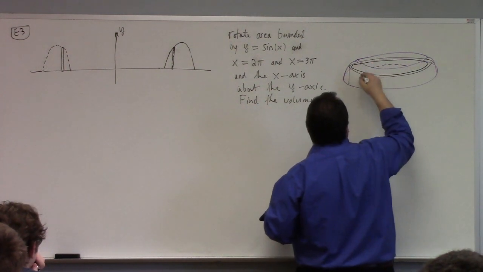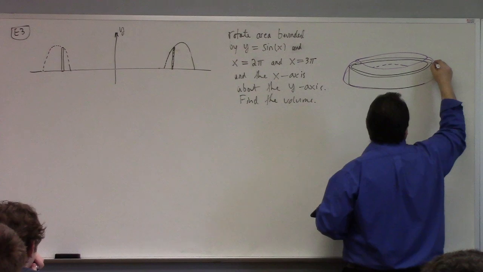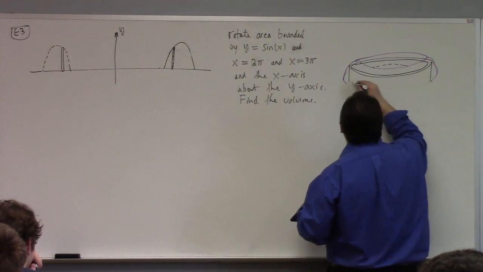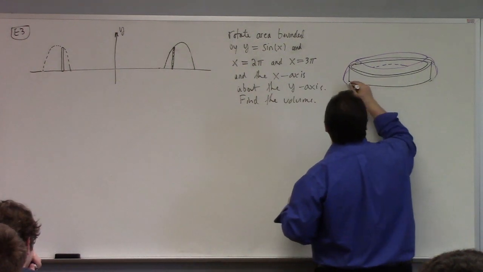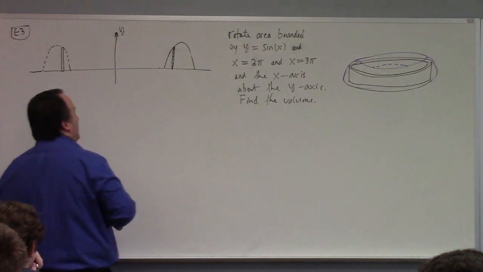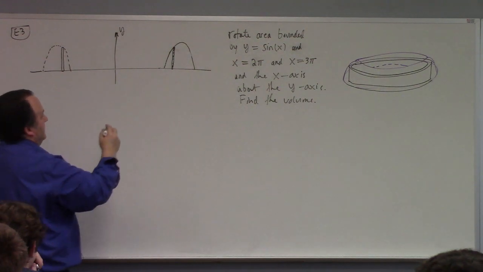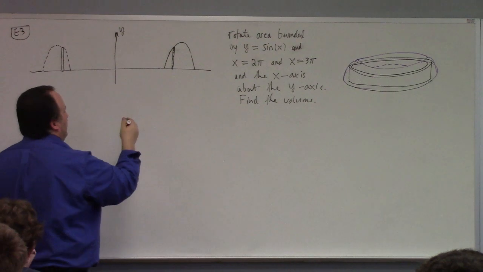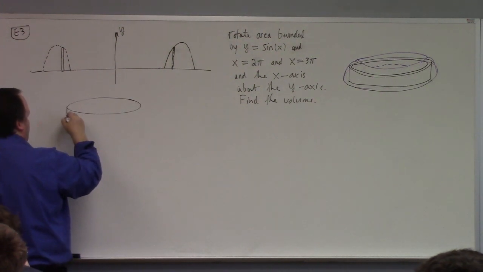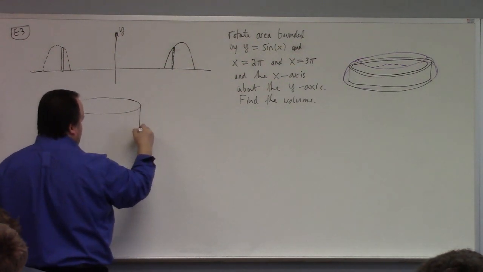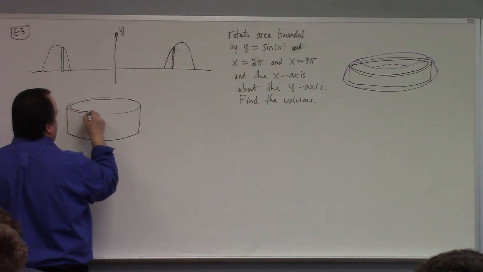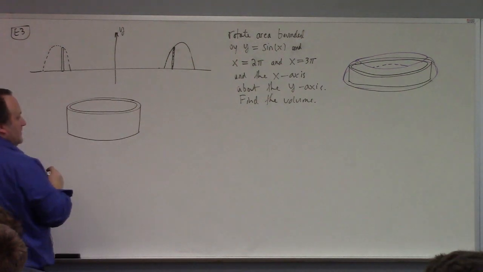If you look at the book, they've got perhaps better pictures in there. It shouldn't be all the way to the edge. It's inside it. So if you can envision that, let me just draw the shell on its own. That I can do. The shell, unlike the washer, has height that's finite, but its thickness is skinny.